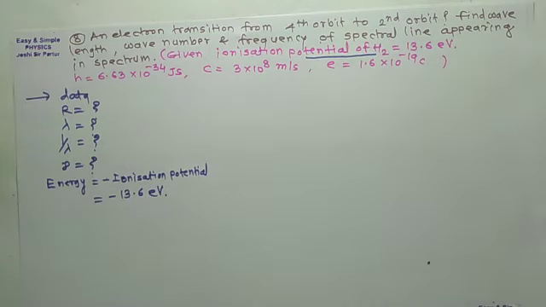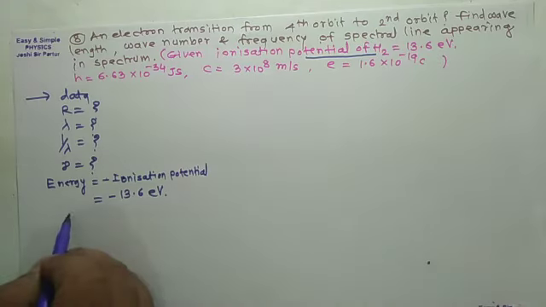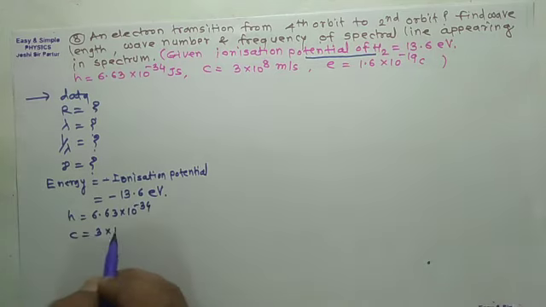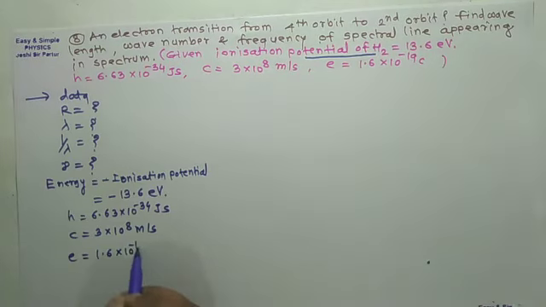It is given in plus, but here energy is given. H is 6.63 into 10 raised to minus 34 joule second, C is 3 into 10 raised to 8 meter per second, and charge is 1.6 into 10 raised to minus 19 coulomb.